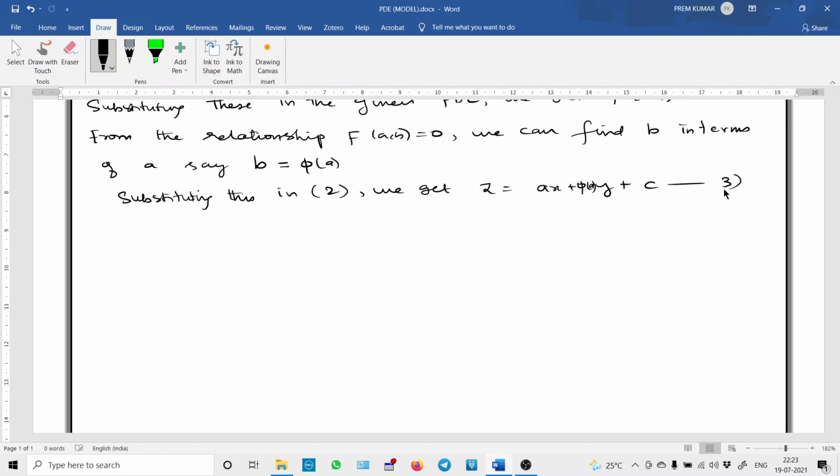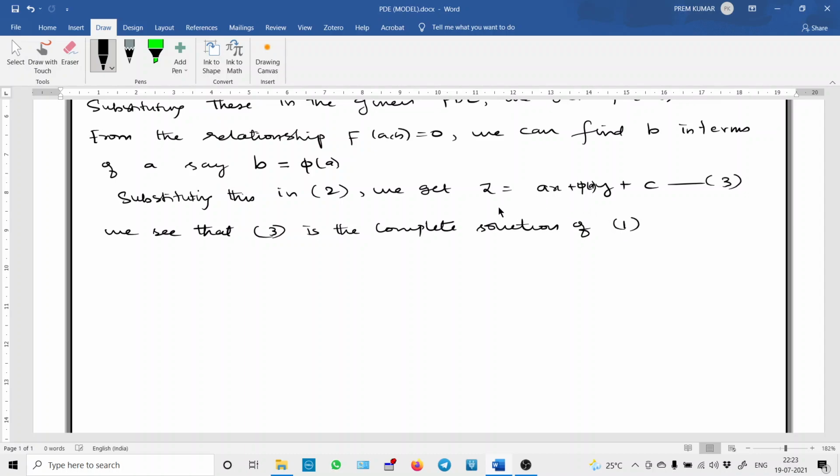We name this equation 3. We see that this equation 3 is the complete solution of the given PDE 1.